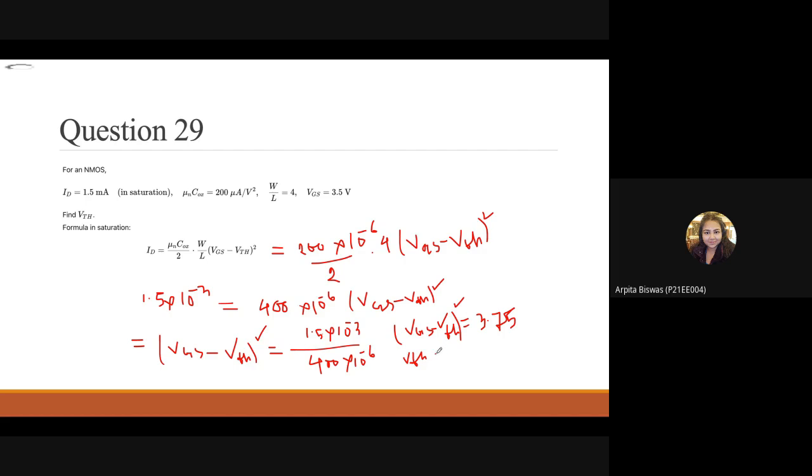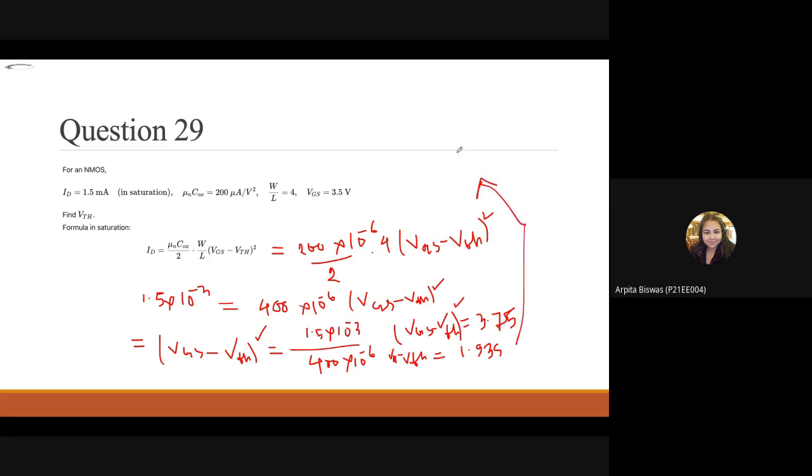So the value of VGS minus VTH is 1.935. Okay, now tell me what is the value of VTH.